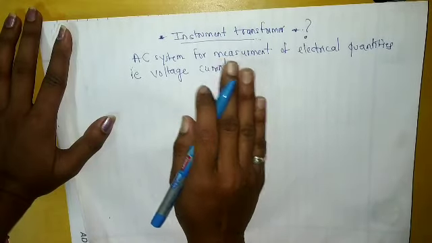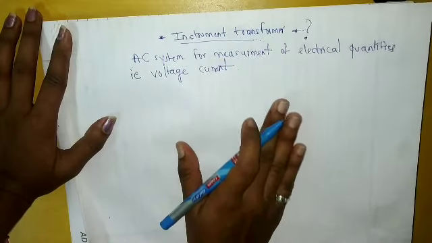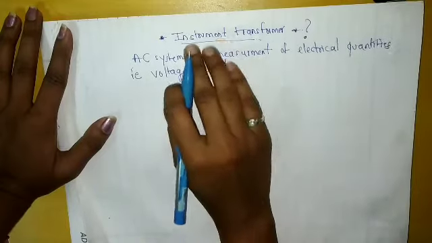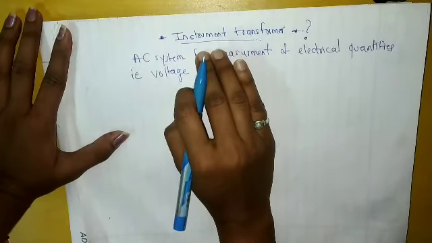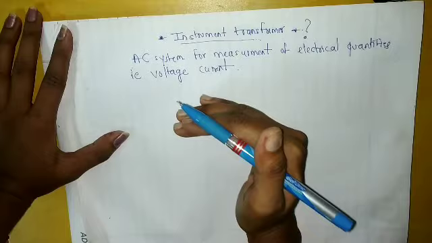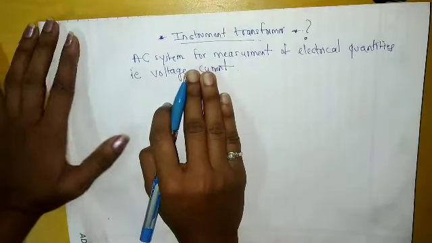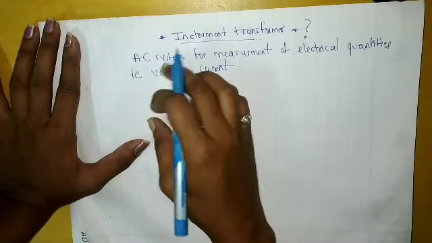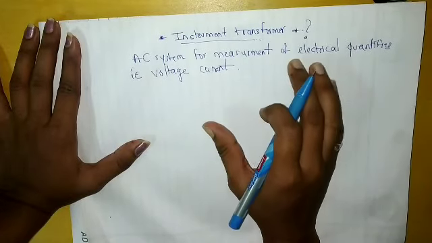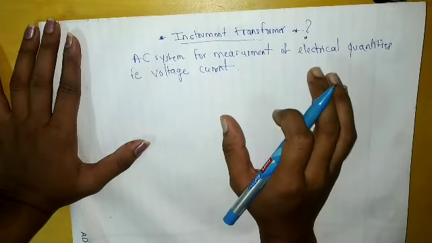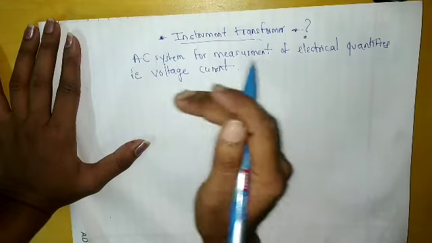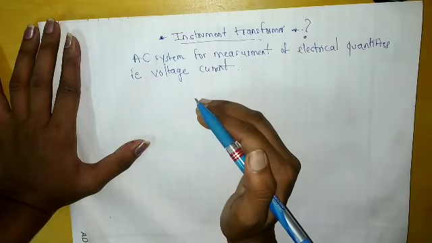Now we have seen step up and step down transformer. So the basic function of this instrument transformer is to step down AC voltage and AC current, right? As I said, we use ammeter and voltmeter for measurement of voltage and current, but these are used for low values, right?